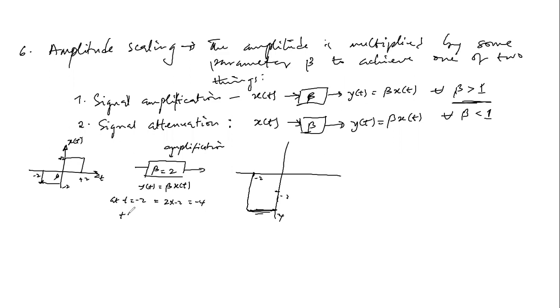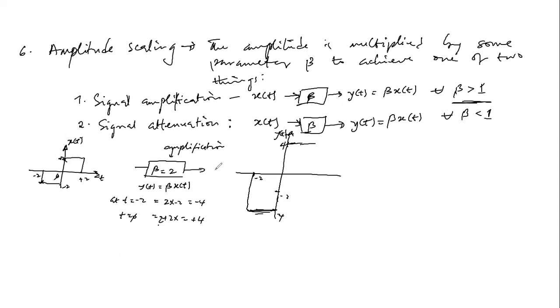Then at t equal to 0, the amplitude is +2. So that will be +2 times 2, that's the beta 2 times the amplitude +2. So that's going to give us +4. So it rises all the way. This is y of t to some value, which is 4.